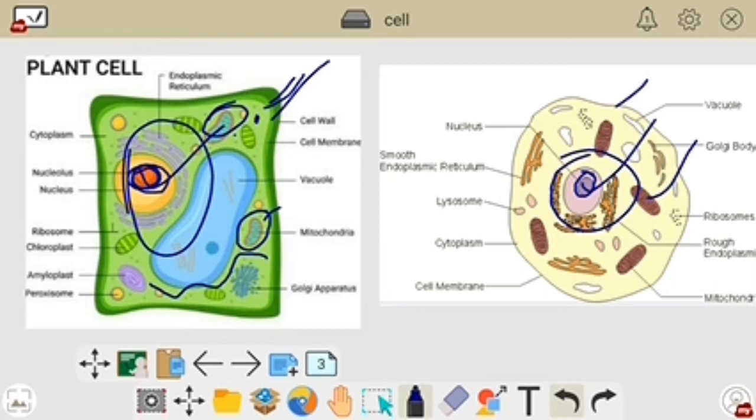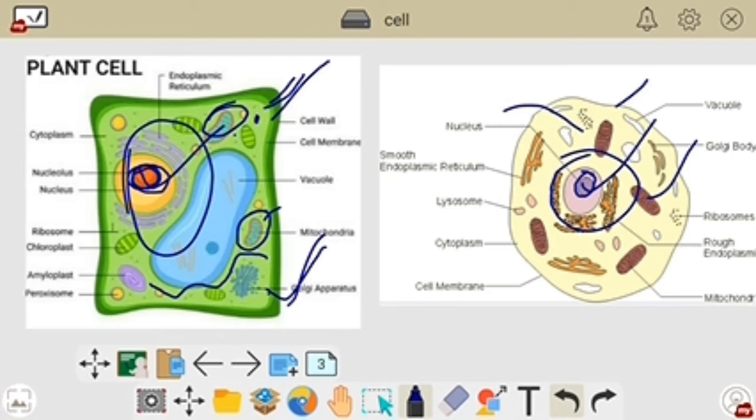But what are the differences between these two cells? Plant cell has the chloroplast in it, but animal cells do not contain chloroplast.